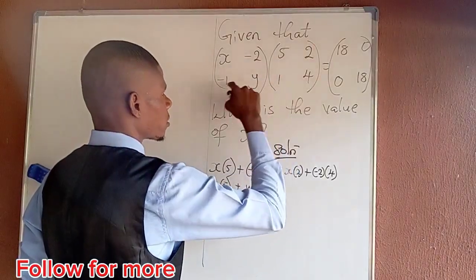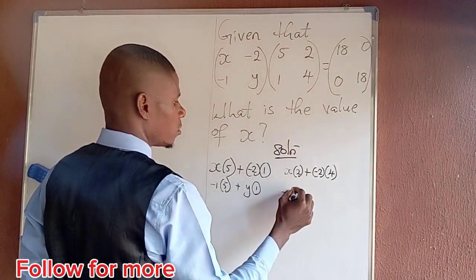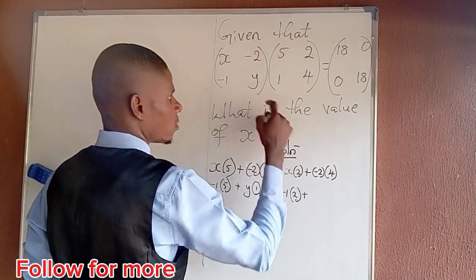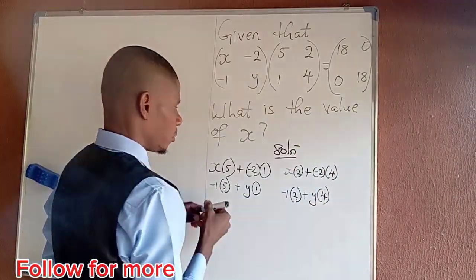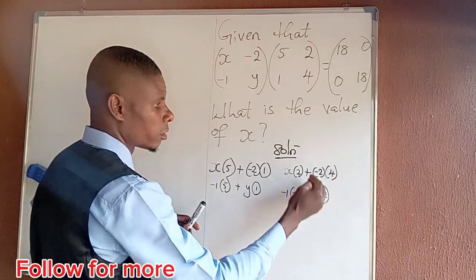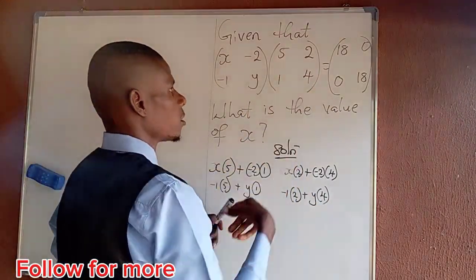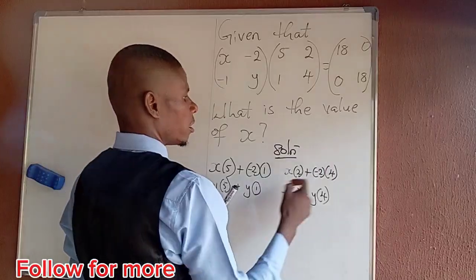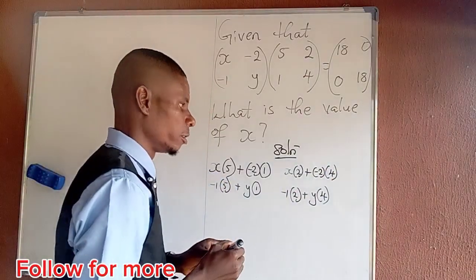Then on this side, this is minus 1 times 2 plus y times 4. So if you watch closely, you'll see that all of these ones in the bracket, the second ones are the same. Okay, now here, the first row is equal to, okay, let me leave it this way.